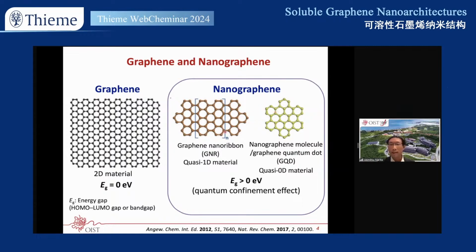And these are two typical types of nanographene structure. One is graphene nanoribbons, quasi one-dimensional, and another one is often called graphene quantum dots or graphene fragments. In chemistry, we call them nanographenes, but all of these can be considered as extended polycyclic aromatic hydrocarbons.